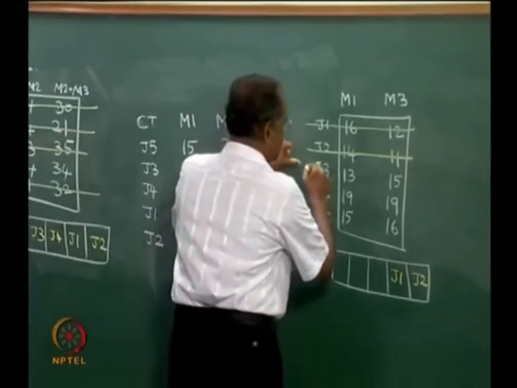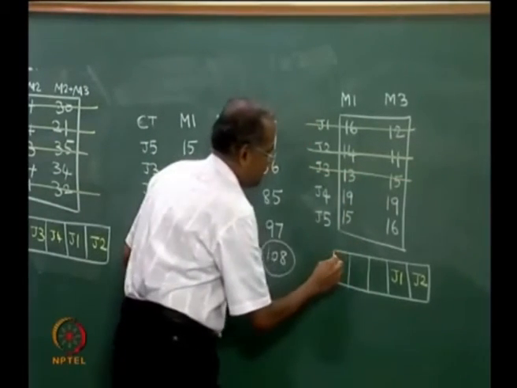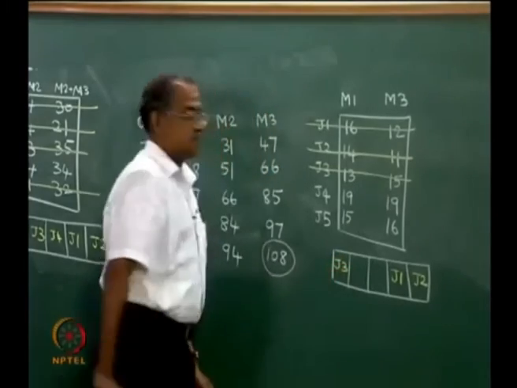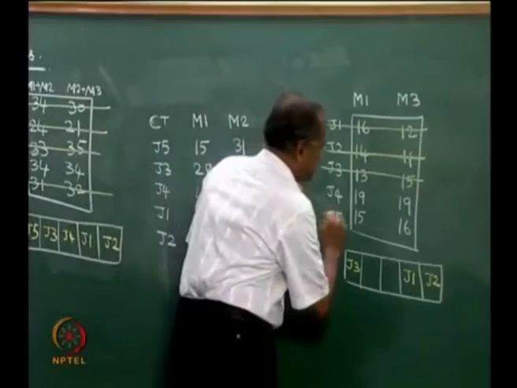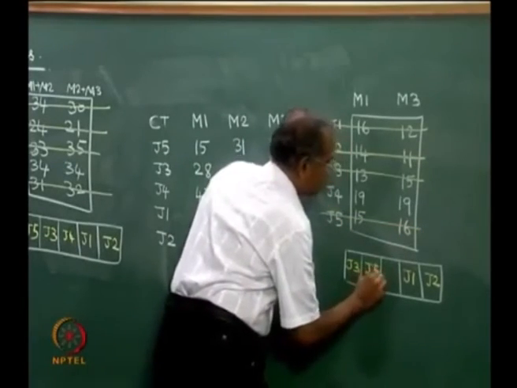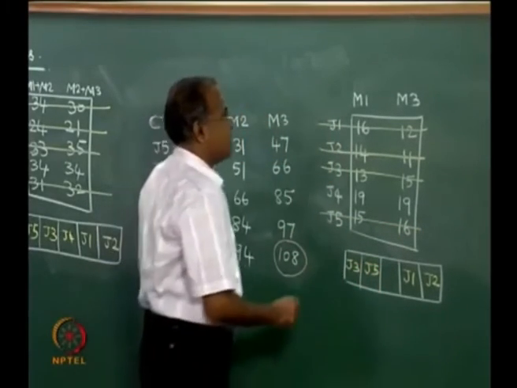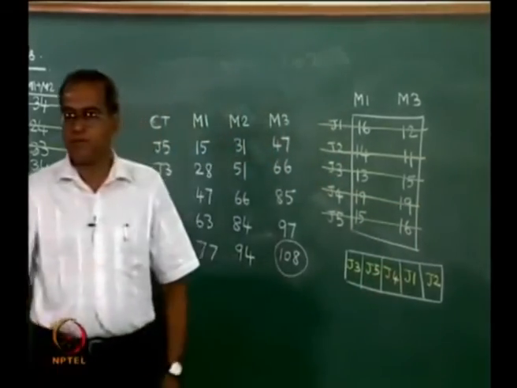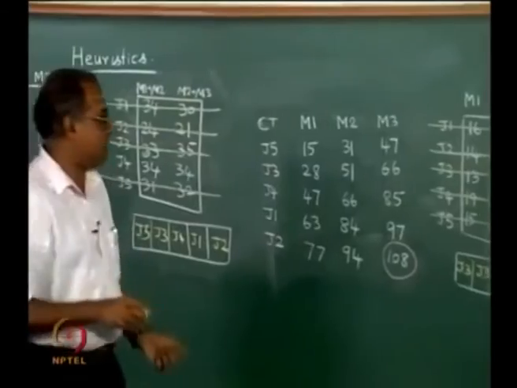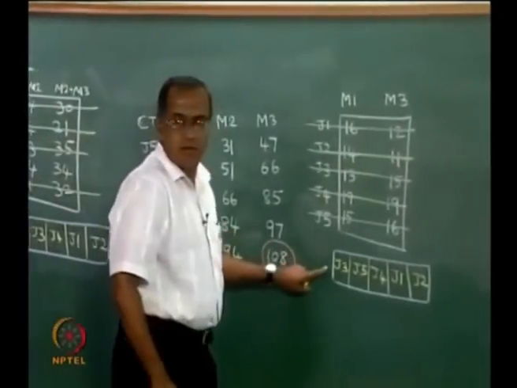The third smallest is J3, which is on the first machine, so J3 is here. The next smallest is J5, which is here, and then J4 comes here. So let us quickly find out the make span for this sequence.